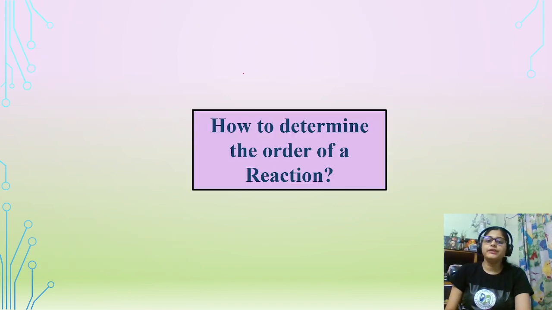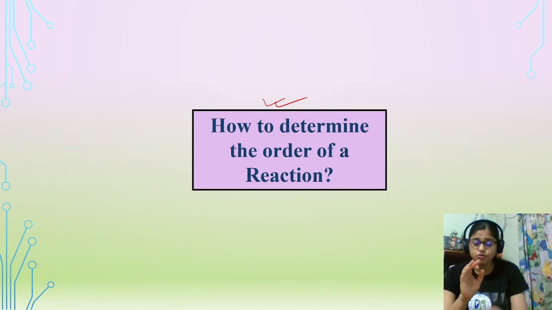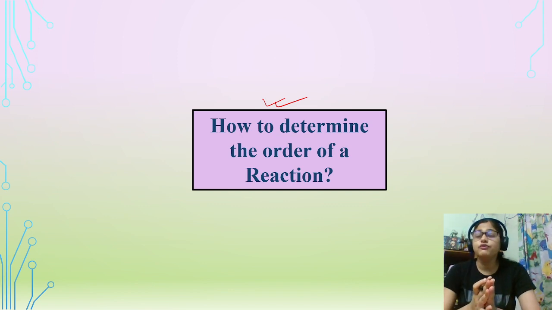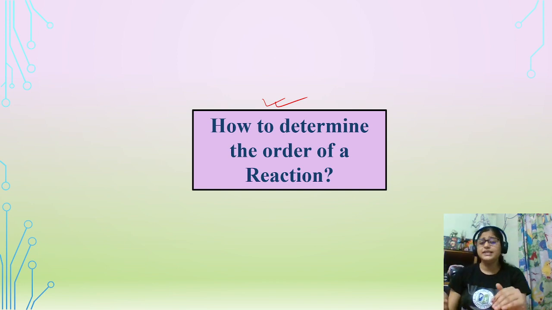So how to determine the order of a reaction? In the introductory part, I have shown you some questions to determine the order. One was from the unit of the rate constant, as the unit of rate constant has the order in it. So if the unit of rate constant is given in the question, you can easily know the order of the reaction.